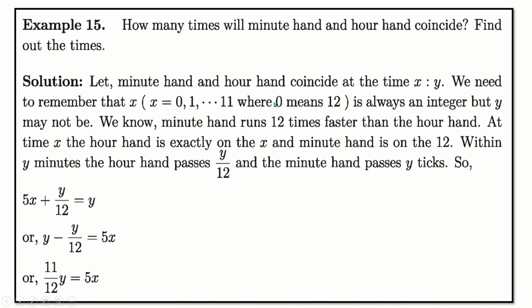Solution: the minute hand and hour hand coincide at time x such that x is to y. Here x is the hour hand and y is the minute hand. We need to remember that x equal to 0 means 12, then x equal to 1 means 1, then 2, 3, 4, 5, 6, 7, up to 11.